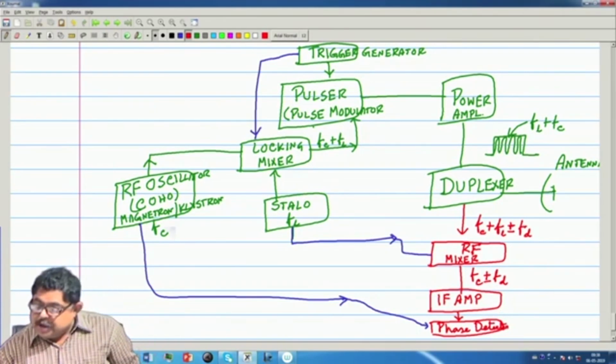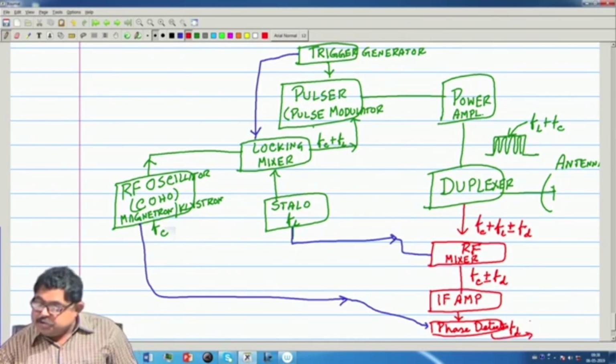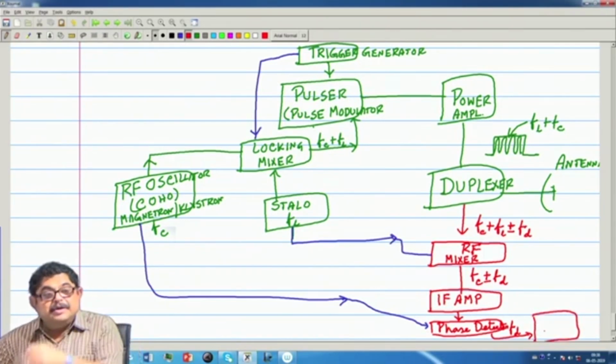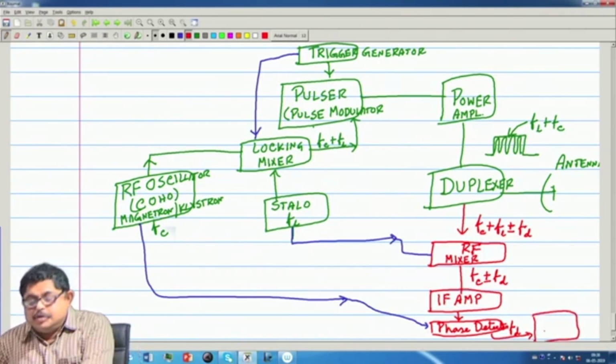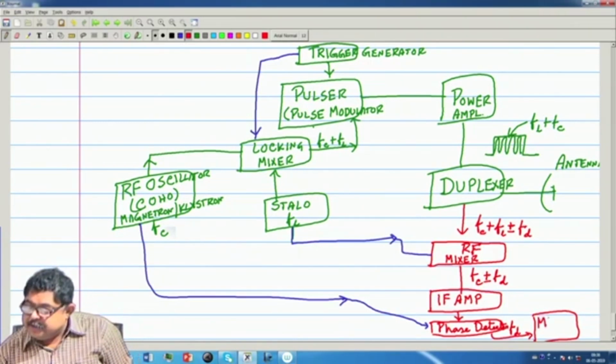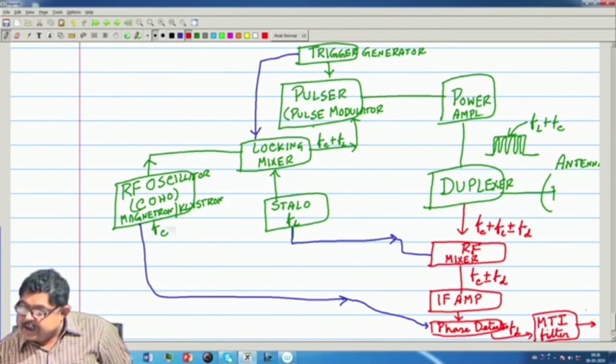So, the output that is coming will be the Doppler FD. That Doppler will be measured, but while measuring we will have to remove the clutter, etc. That is why there is an MTI filter. What is an MTI filter? We will see next. So, from this I get the MTI output.